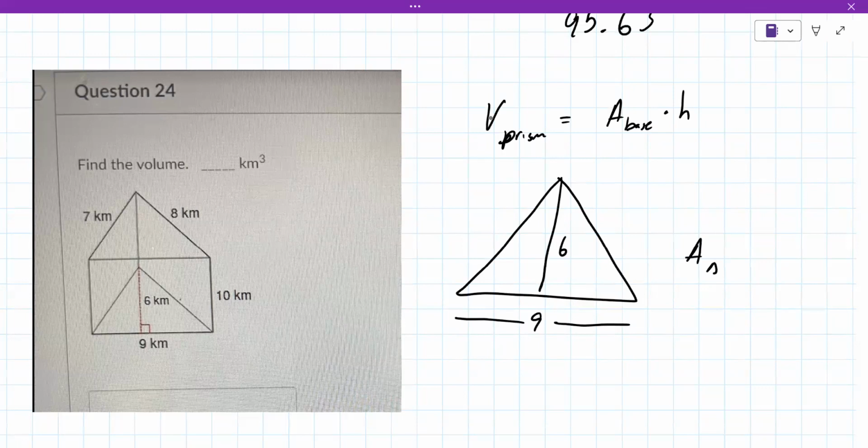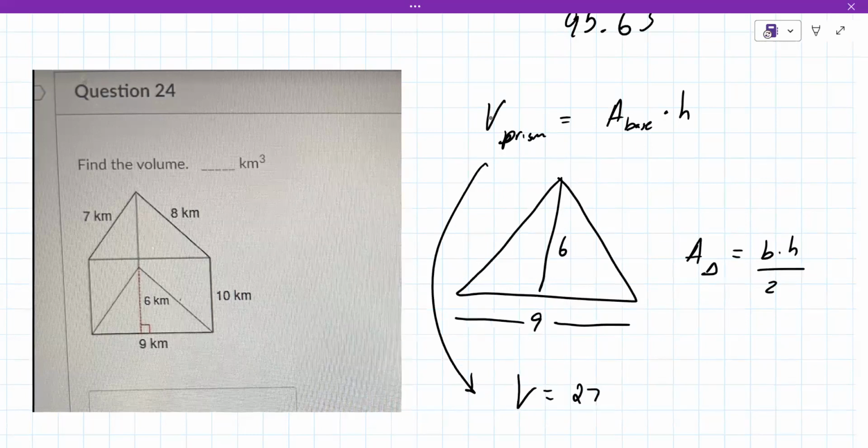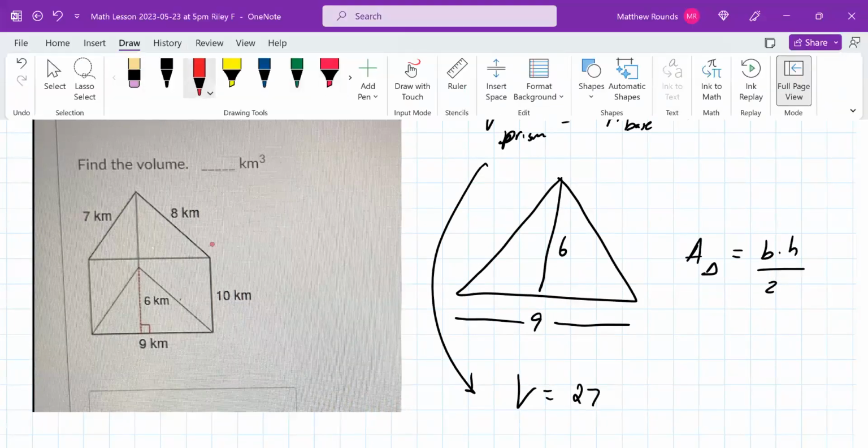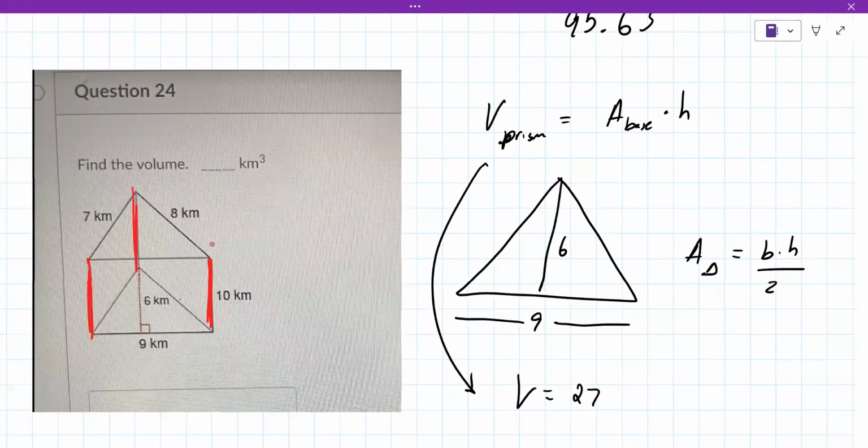That would be a rectangle. Area of a triangle is base times height divided by 2. Oh, divided by 2. Okay. You have to cut it in half. So that gets you to 27. So your volume is 27 times the height. The height are those like posts, things that go up. That's your height. That's 10.